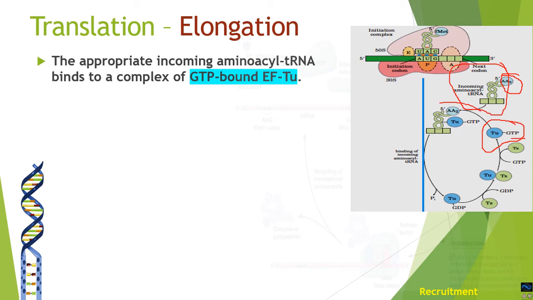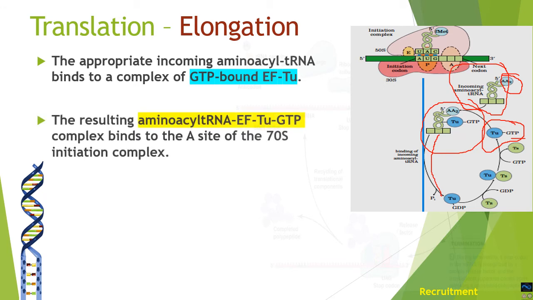The whole complex will be formed first, and then it will bind to the initiation complex at the A site. So the elongation step will begin only when the second tRNA interacts with the codon which is present at the A site.